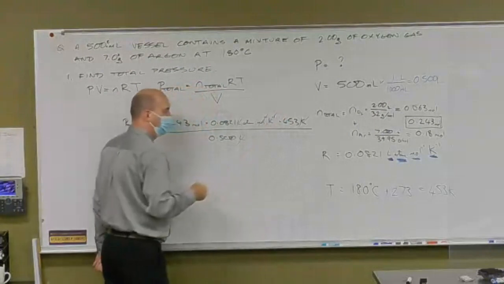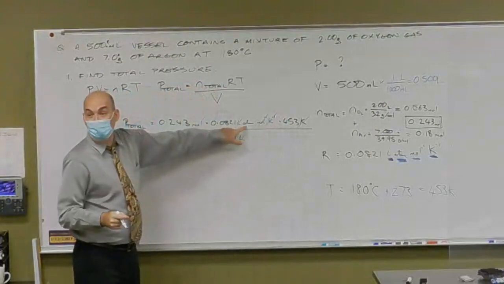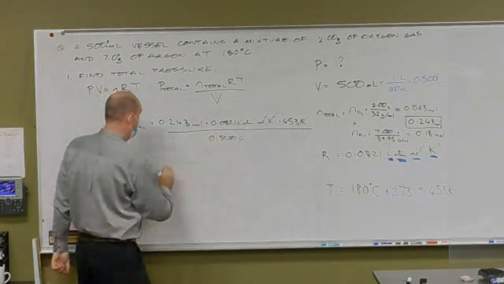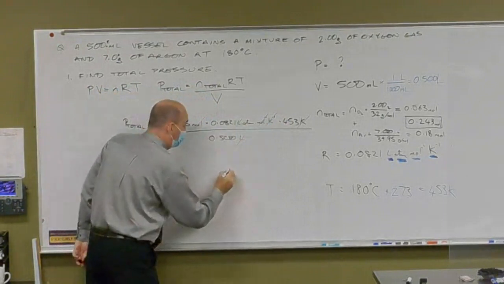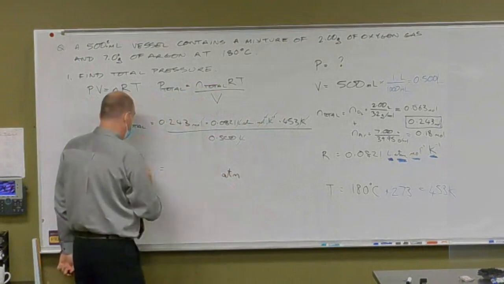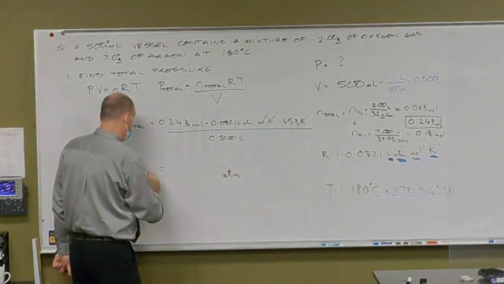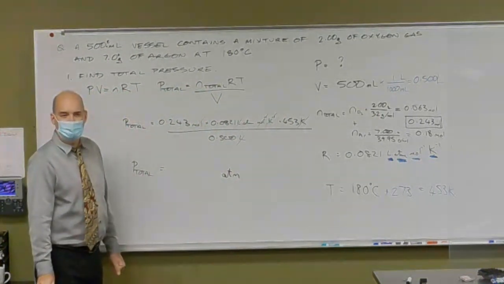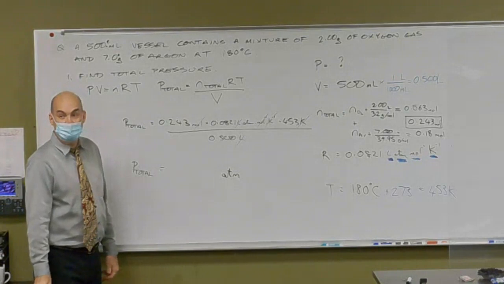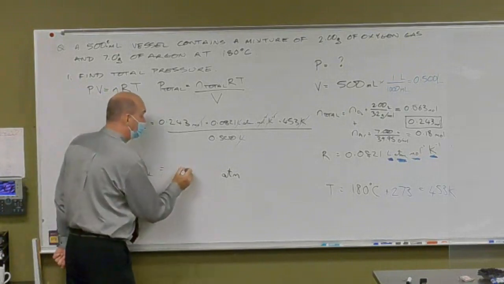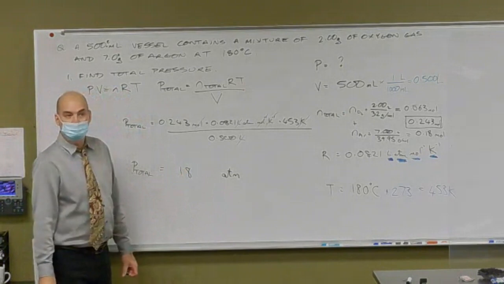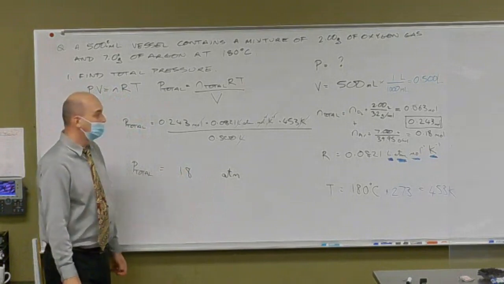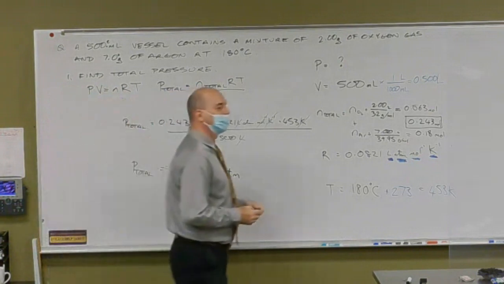This Kelvin and that per Kelvin cancel, which leaves the only thing standing, atmospheres. Which means when all of these numbers do what they do, we should have a P total. And what was that number? 18. Okay. Agreed? Yeah. All right. 18 atmospheres.